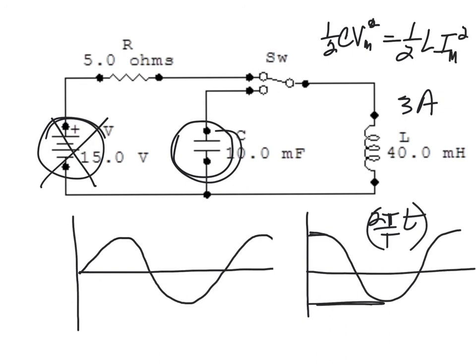Or, equivalently, this value could be 1/2 Q squared over C equals that. And so by taking the energy on the inductor, that will tell you how much voltage you're going to get, and you'll see it's not 15 volts.